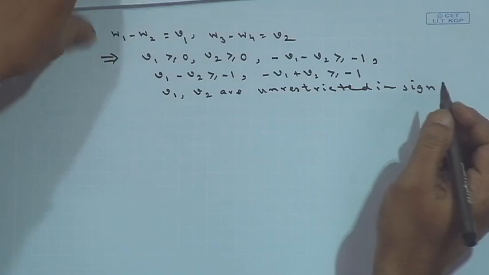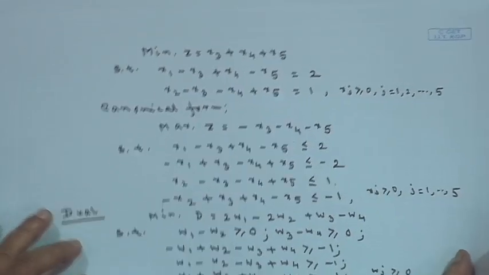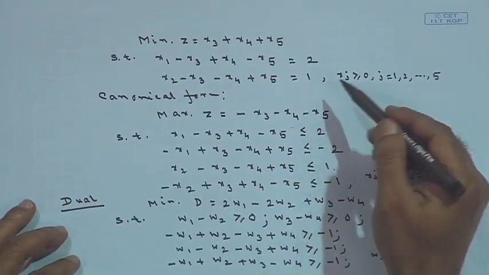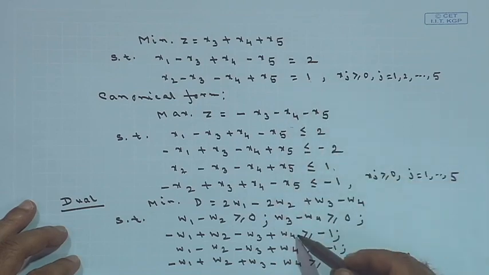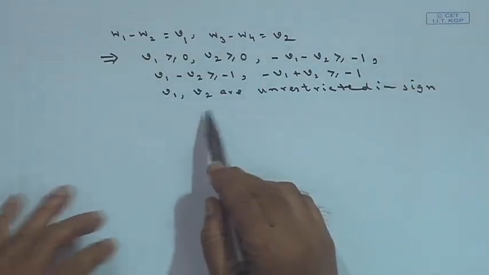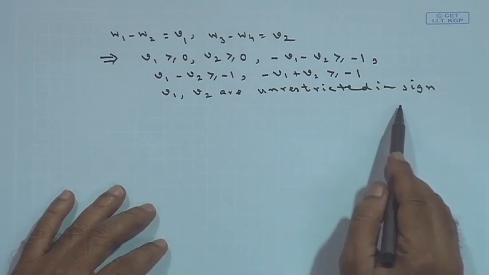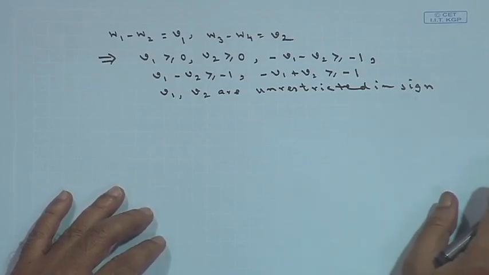If you remember, we told originally there was a theorem that if I have two equality type constraints, then in the dual problem there will be two variables which are unrestricted in sign. So, V1, V2 are unrestricted in sign, this we can tell.